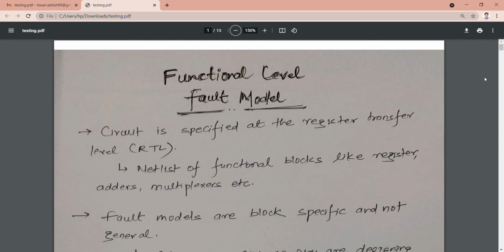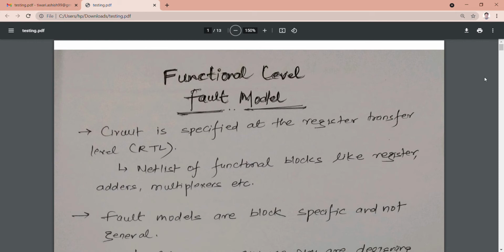Okay. So there can be two basic levels at which we can model the faults for a combinational circuit or any circuit. First is the functional level fault model. When we say functional level fault model, what is the basic meaning behind that?